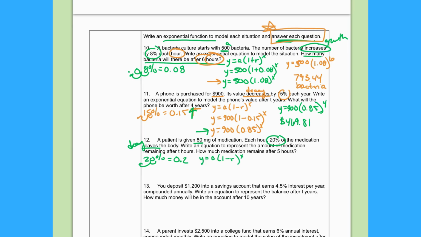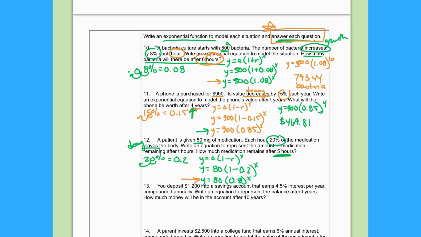And then I'm going to start filling in everything. So my initial amount is 80 milligrams of medication. 1 minus, our rate we found was 0.2 or 0.20 to the x. Again, yes, it says 5, but we're ignoring this until we're ready to solve. So we get y equals, make sure we simplify this. So 1 minus 0.2 is 0.8 to the x. So here is our fully simplified model to get all our points.